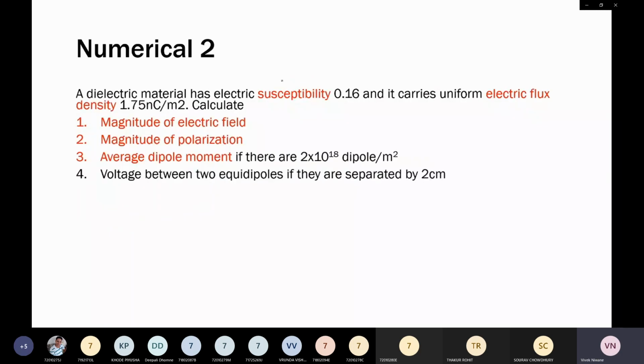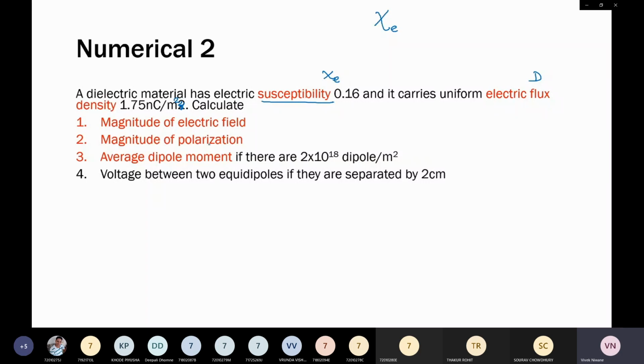Next numerical. A dielectric material has electric susceptibility, that means χe. Do you remember that? You write χe as a straight and a curve, and it carries uniform electric flux density, okay, this has to be in coulomb per meter square. Here you are given the electric flux density D. Calculate the magnitude of electric field.